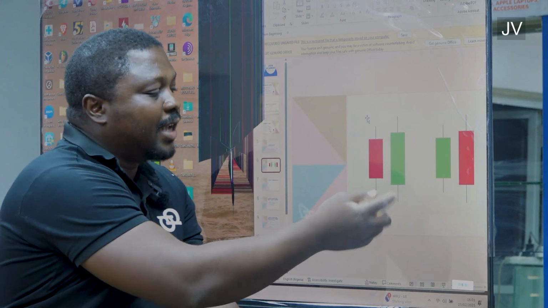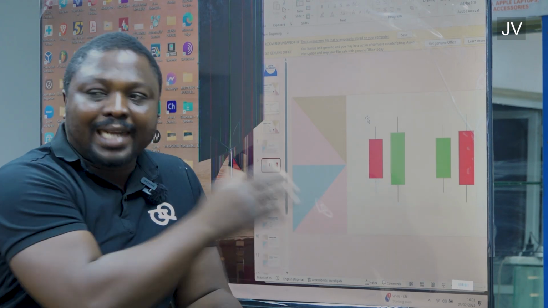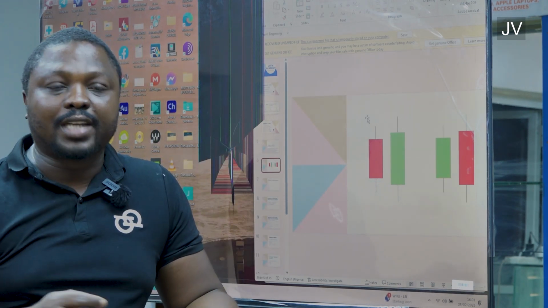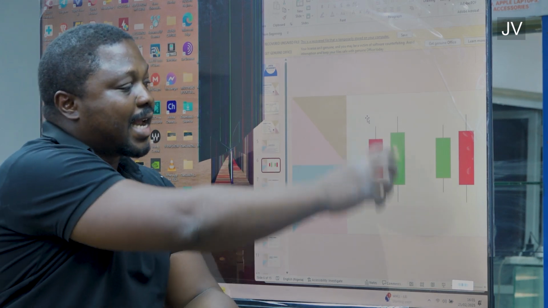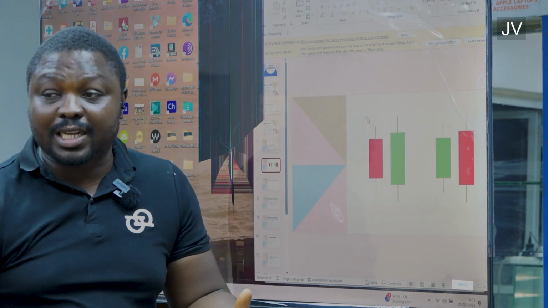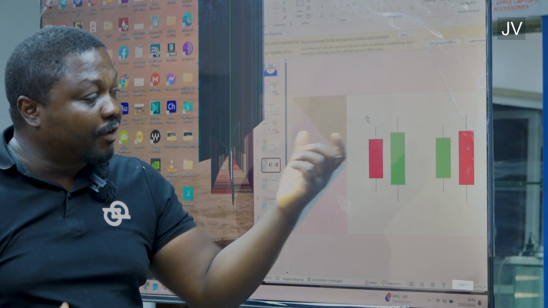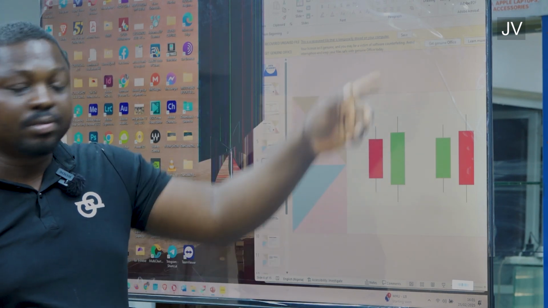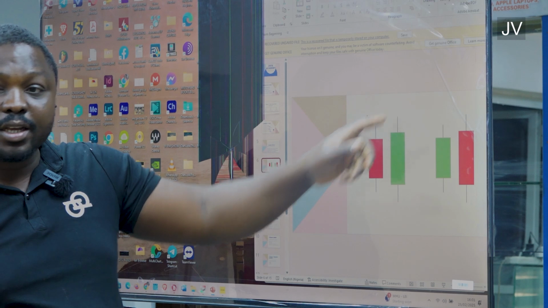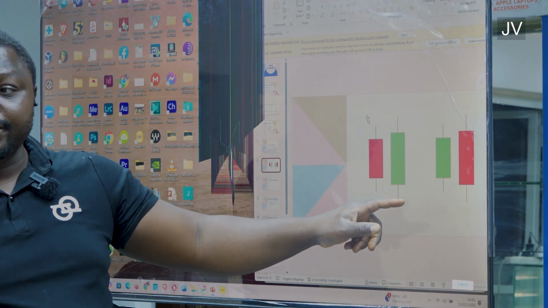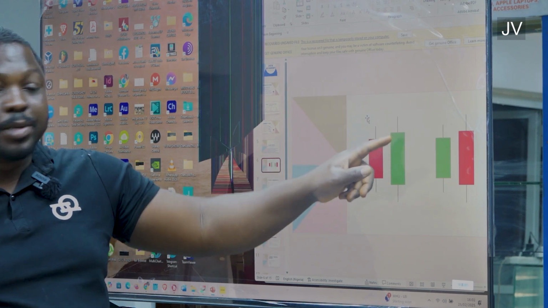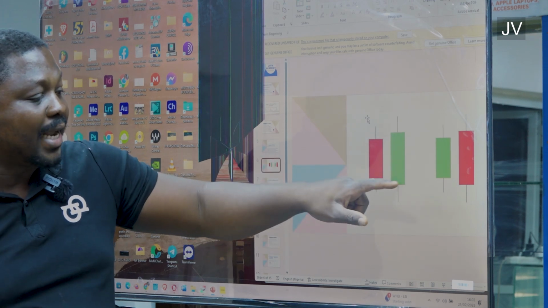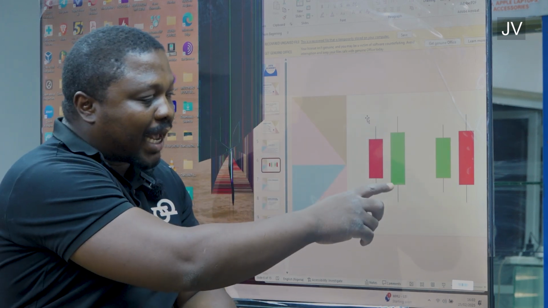So this candle opened here at that time frame, and the time frame matters most of the time. This can be a 15 minutes candle, and throughout the whole 15 minutes, this is what happened. Price moves from here to here. This one is green because it closes above the opening price.